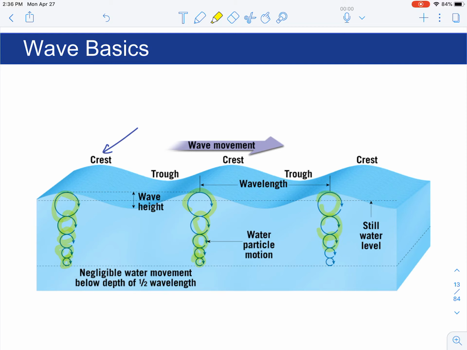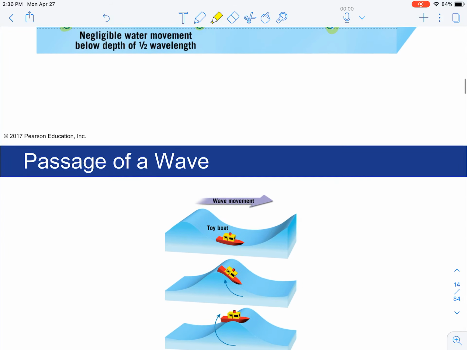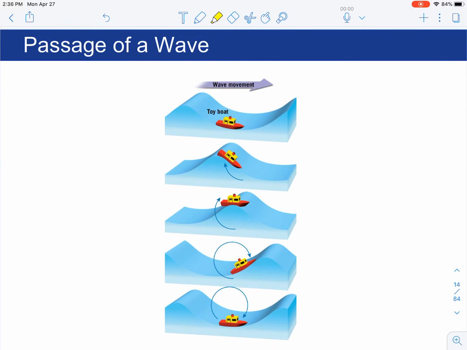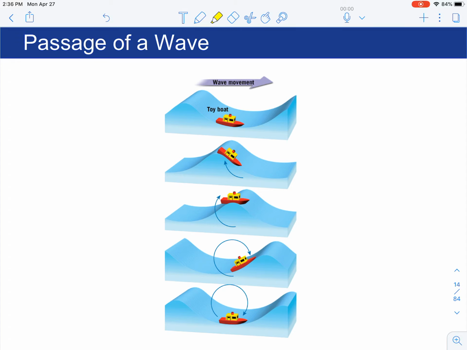And obviously that particle motion is dependent on the source of energy, which is wind action. And so with depth, you're going to see a dissipation of that particle motion within the water. And that motion is circular, even though the energy is being transferred from left to right across this cross section. Here's just an example of wave energy and its transfer.